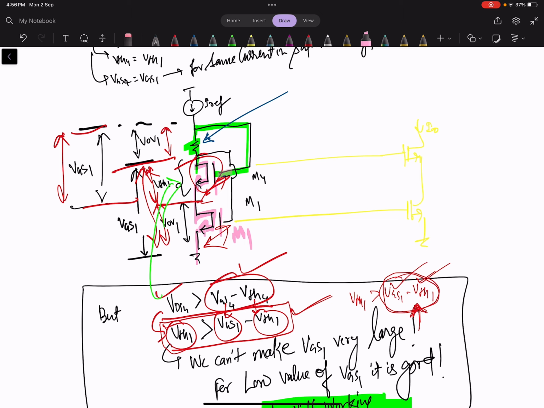So this gate is connected here and this gate is connected here, and there is one resistance between the two. This can be used as a current reference circuit, and we don't need the voltage generation circuit here. There is no need to generate any voltage because it is diode connected, so there is no third circuit required to generate the VB voltage which is required in the previous cases.